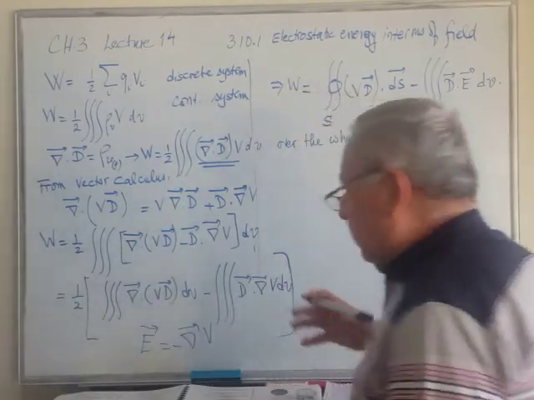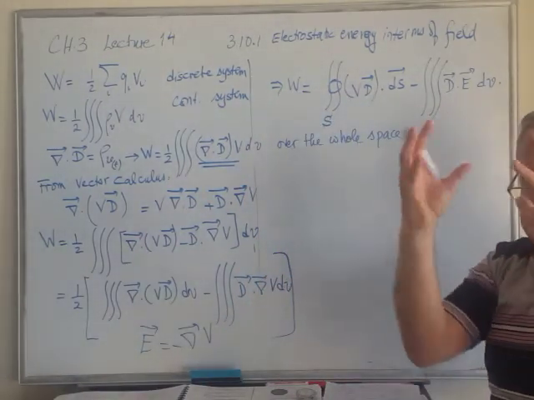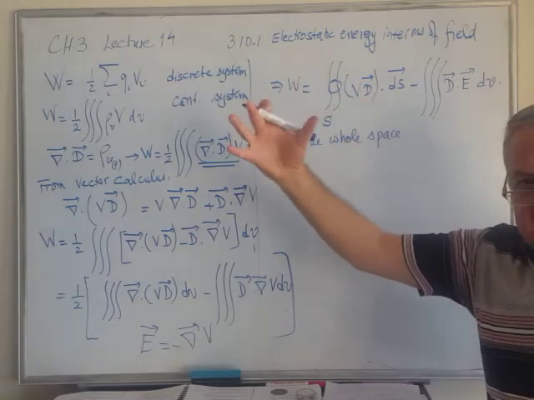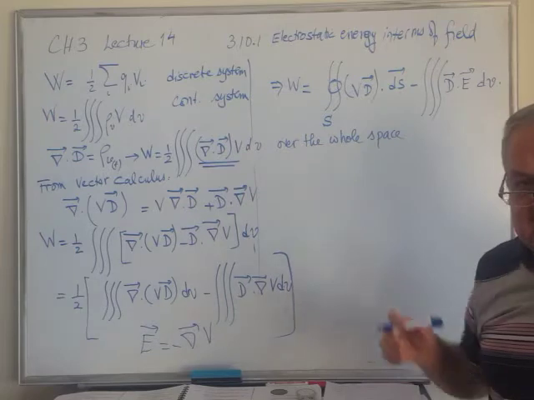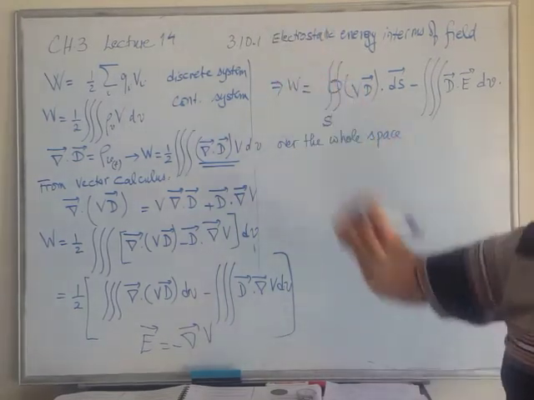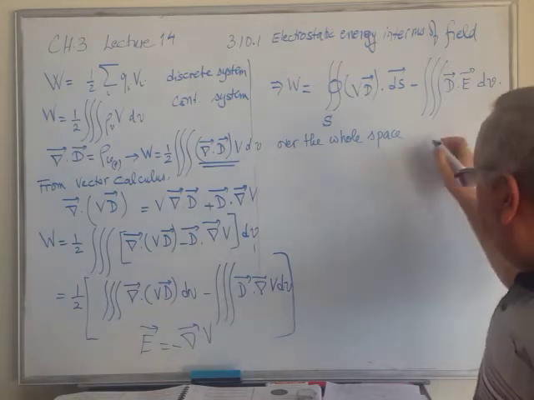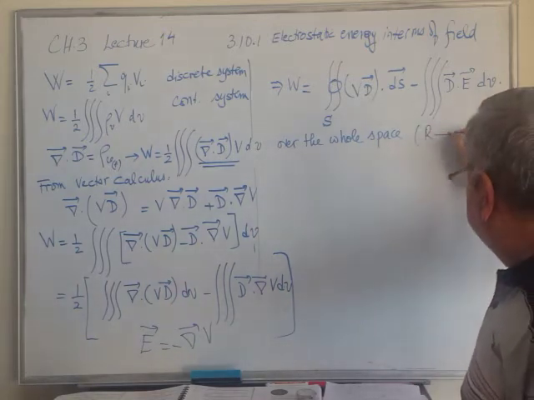Right? If you have a small volume, it will be bounded by a small closed area. When the volume becomes larger and larger, the surface area will become large and the radius will grow. If we include our integral over the whole space, then R will go to infinity.